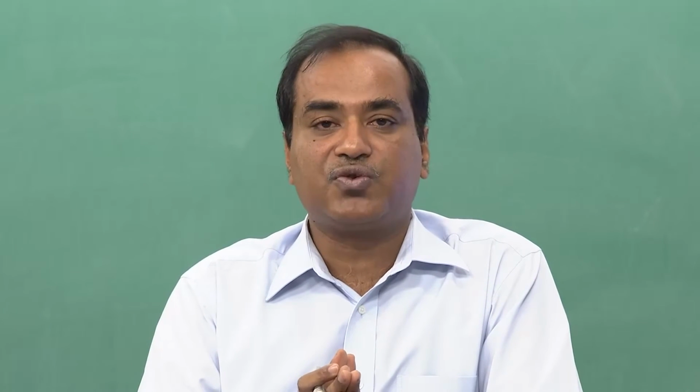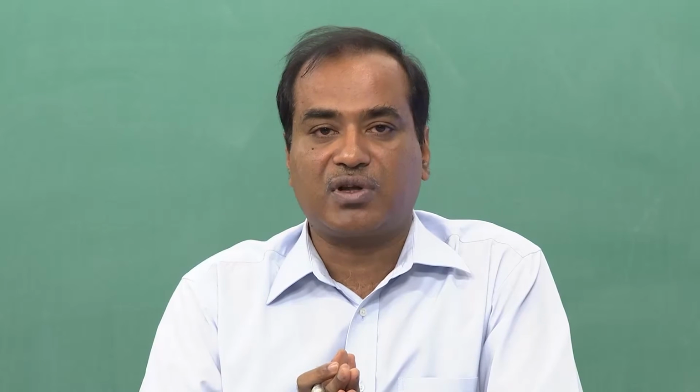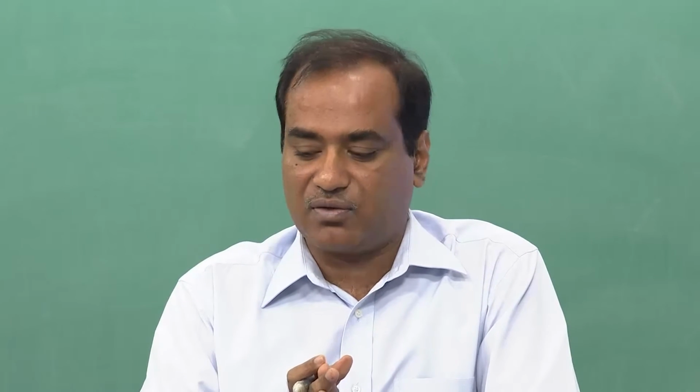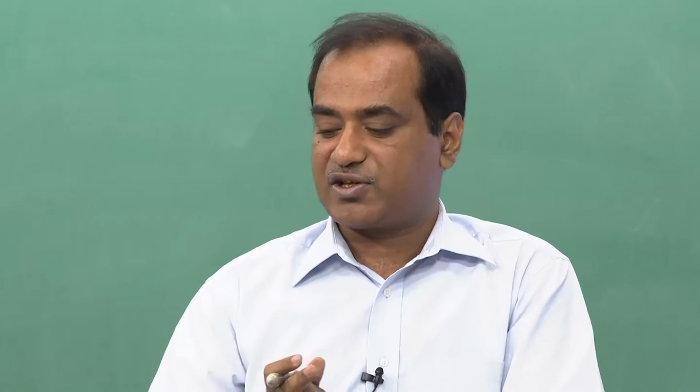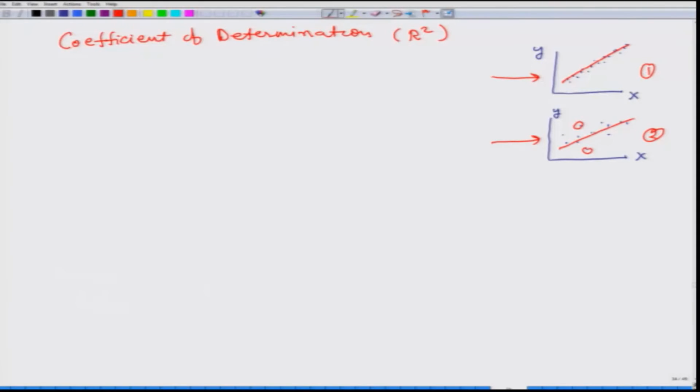One simple option to measure this quantity is to find the correlation coefficient between x and y. Obviously, in case of figure number 1, the correlation coefficient will have a higher value than in figure number 2. This concept is extended and used to judge the goodness of fit in a multiple linear regression model.